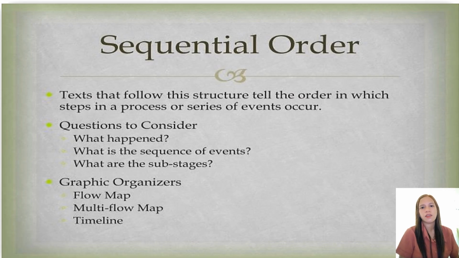In sequential order, the text that follows this structure tells the order in which steps in a process or a series of events occur. We have questions to consider: what happened, what is the sequence of the events, what are the sub-stages. We also have the graphic organizers that are used, for example, the flow map, the multi-flow map, and the timeline.